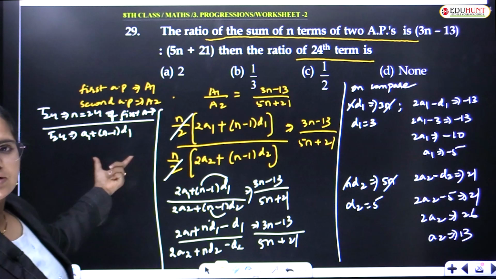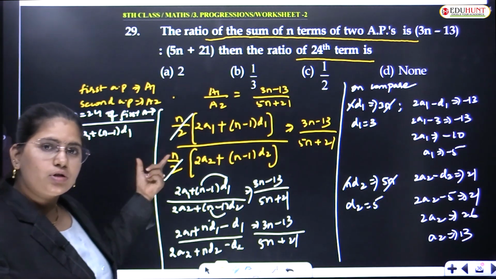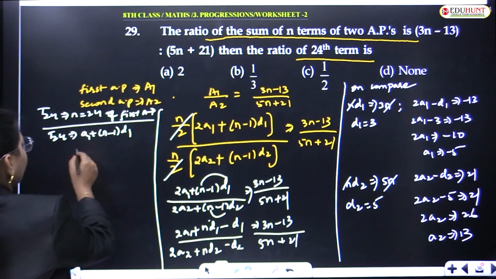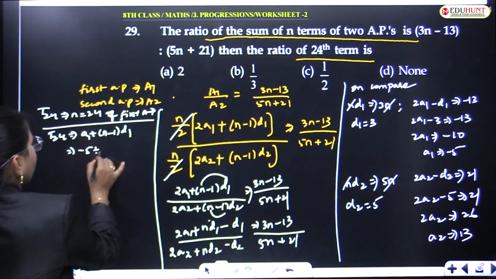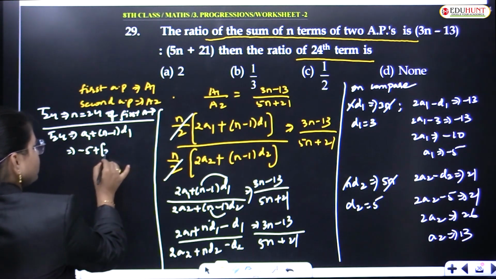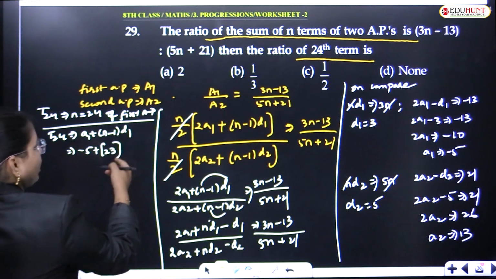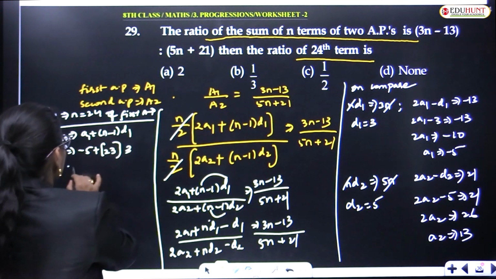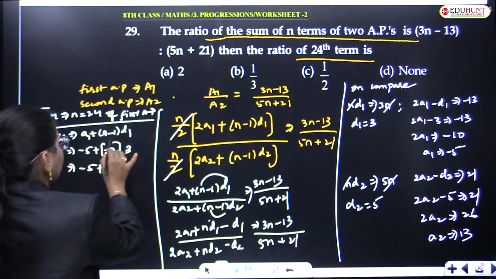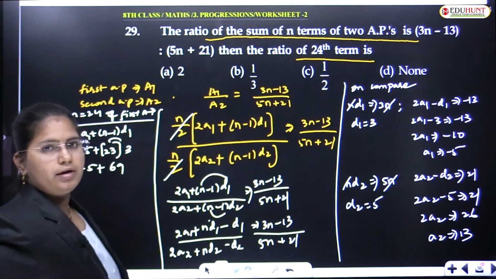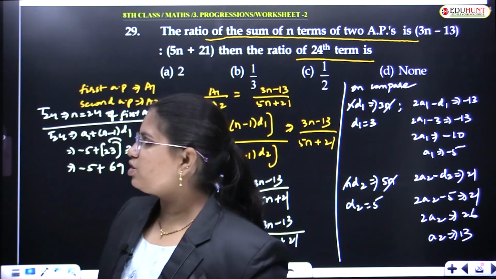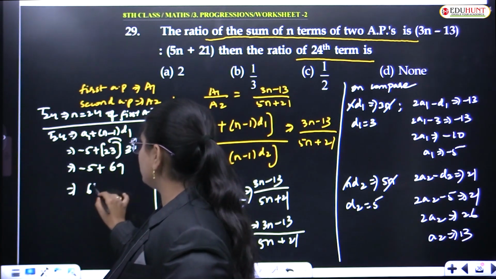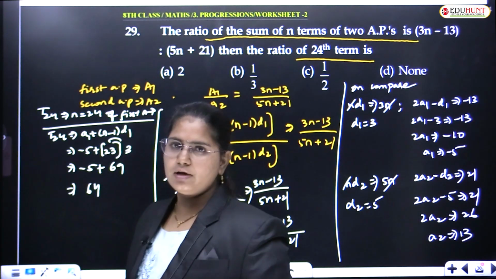So what is A1? A1 is equal to minus 5. n minus 1 is 23. And D1 is equal to 3. 23 into 3 is how much? 69. So 69 minus 5 is 64. Am I clear up to this?